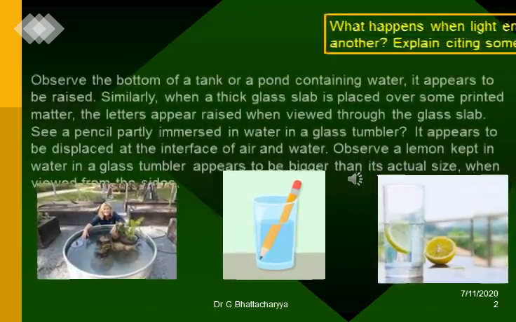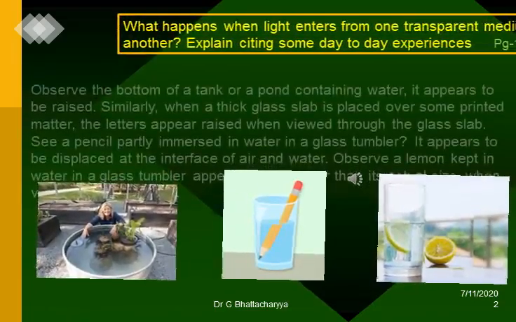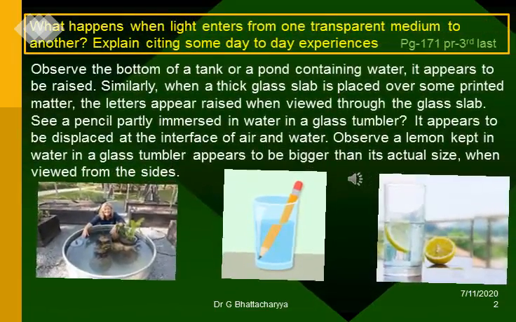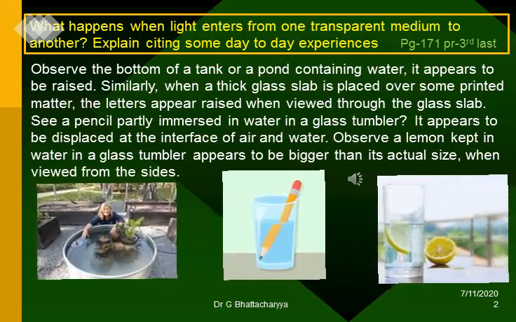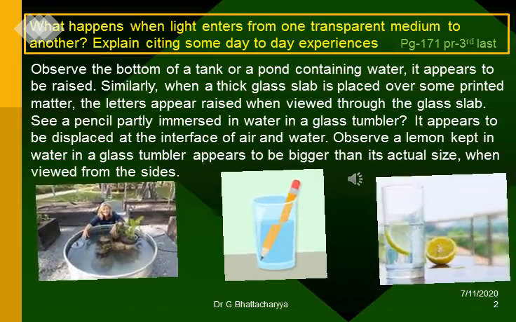What happens when light enters from one transparent medium to another? Explain, citing some day-to-day experiences. Observe the bottom of a tank or a pond containing water. It appears to be raised.